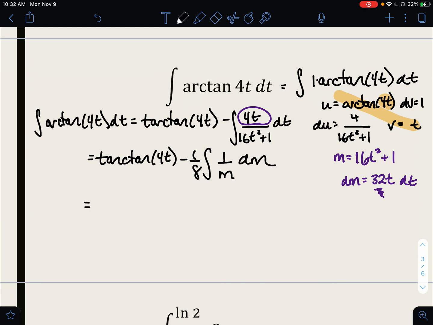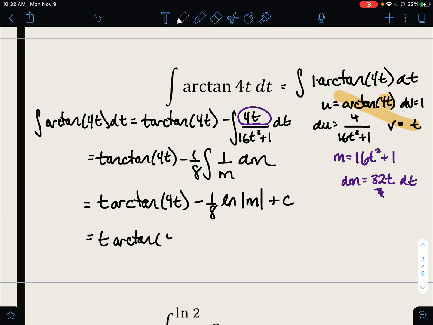All right, and we know how to integrate 1 over m or 1 over u or 1 over x, because that is just ln of whatever is in the denominator plus c. And then the final step is to substitute what I let m equal, which was 16t squared plus 1, plus c.